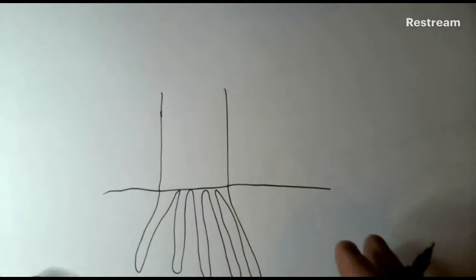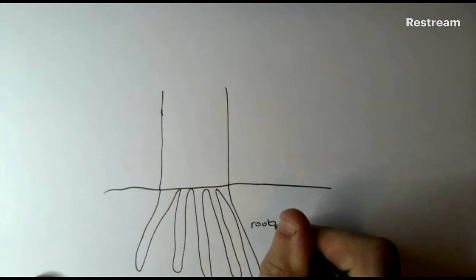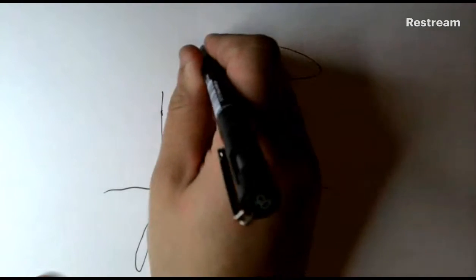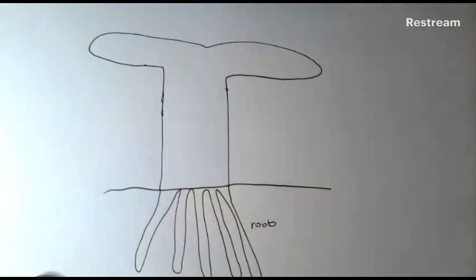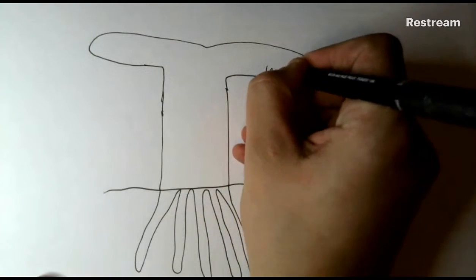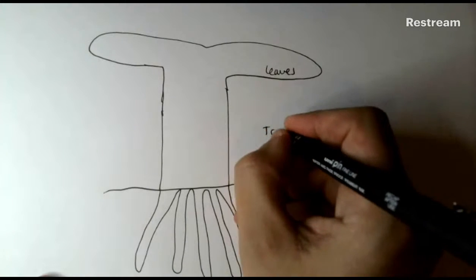So how did the water get from the roots to the leaves? That process is called transpiration.